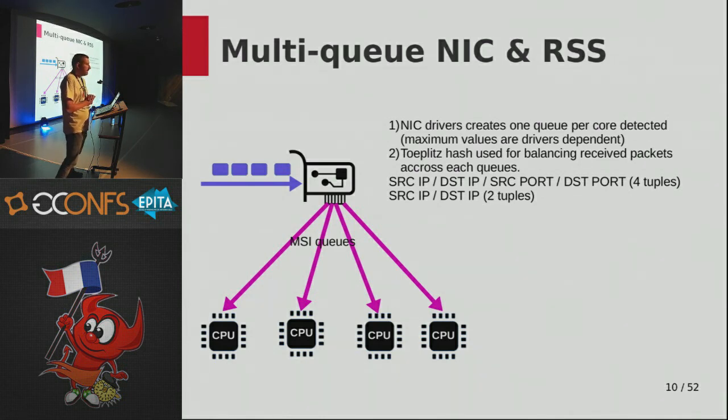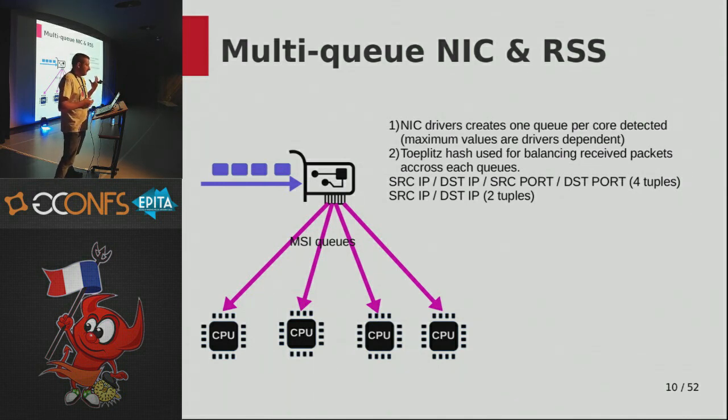Then, each time the card receives a packet, it will use hashing on this packet. Each packet belonging to one flow will end up in the same queue each time. It's a very important concept in the network world. All packets belonging to one flow need to cross the same path.